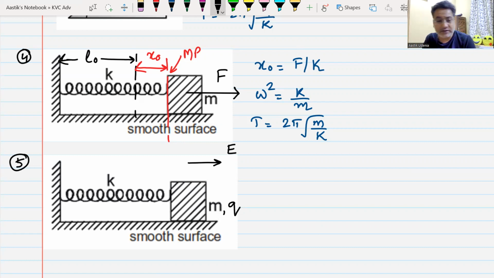If yes, what will be the time period? What will be the value of x naught in the mean position? Where will that mean position be? We don't know, sir.